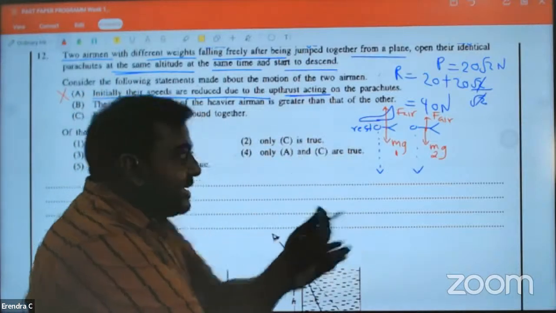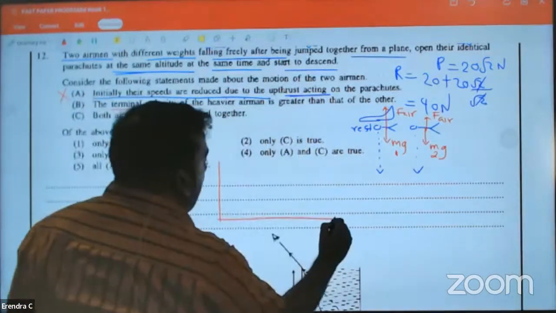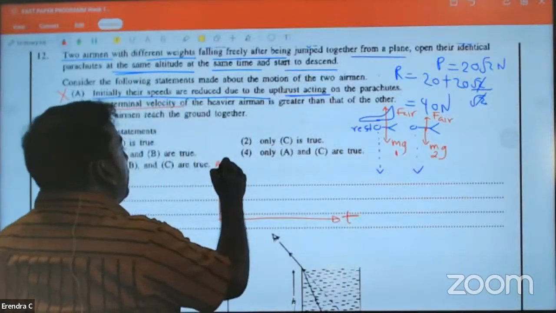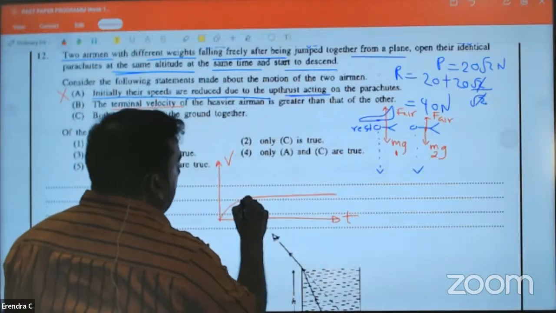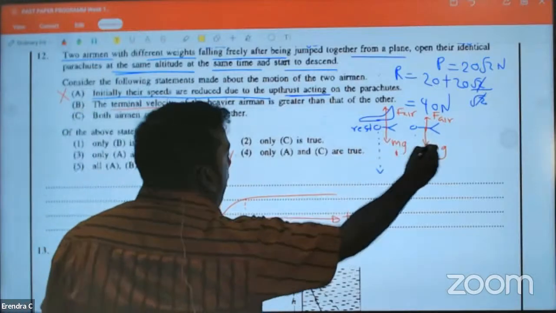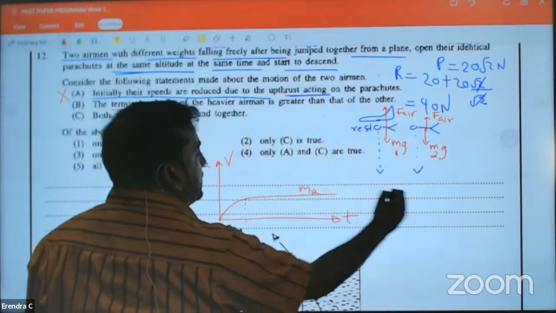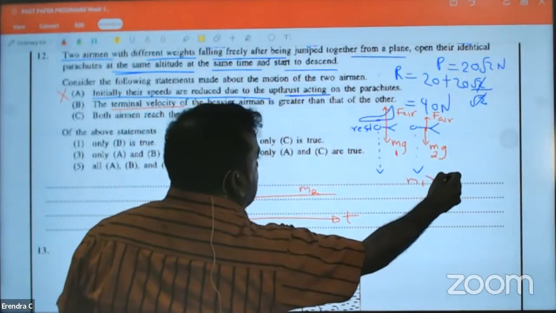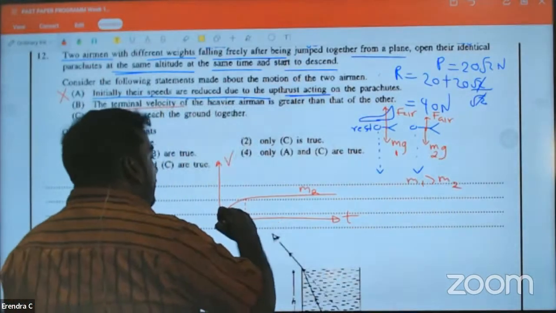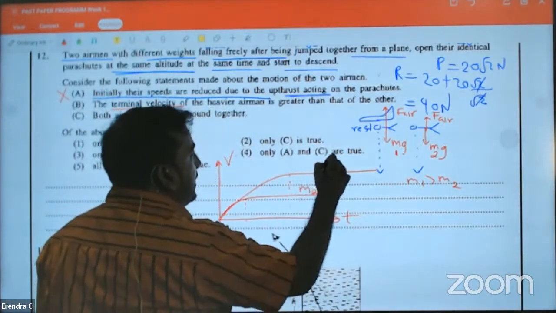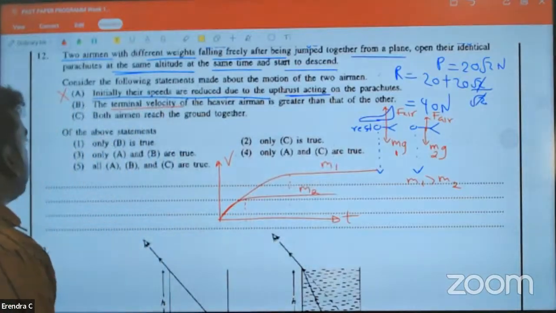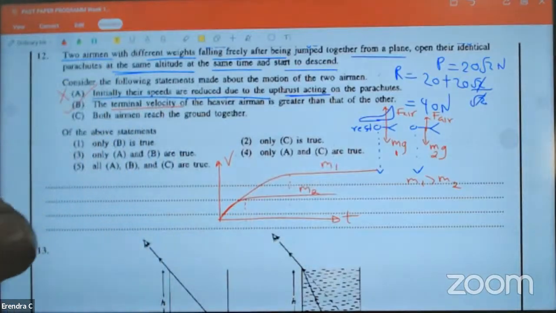If I plot the graph, who will reach terminal first? Lesser time: the thinner fellow, the small man reaches terminal velocity first. The bigger fellow will take a longer time to reach terminal velocity. Clear? Right. B is correct.